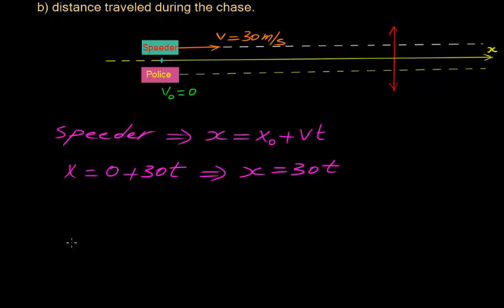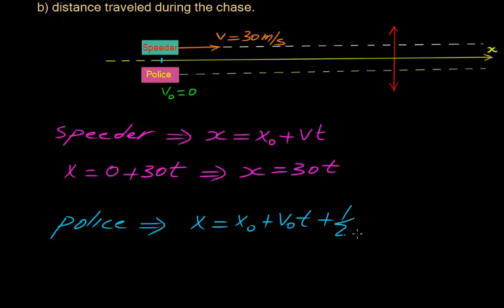Notice that there are two unknowns, the position x and the time t it takes the police car to catch the speeder. As far as the police car is concerned, the motion is an accelerated motion, and the best kinematics equation that could be used to match the motion of the speeder is the one that relates displacement versus time, and that equation says x equals x naught plus v0 t plus 1/2 a t squared.